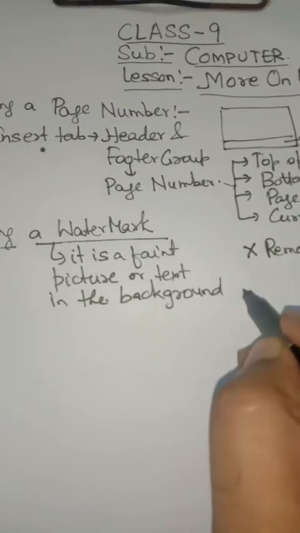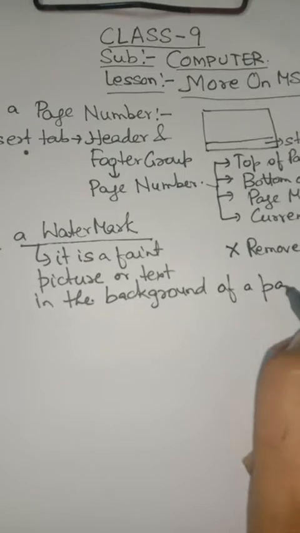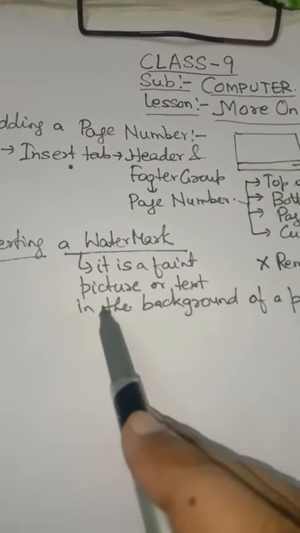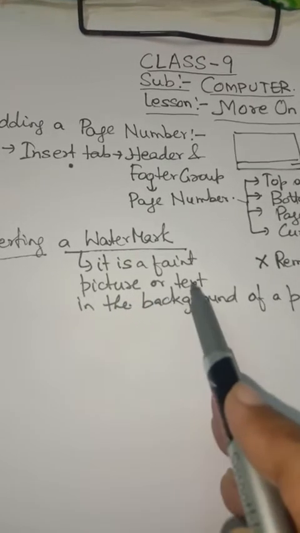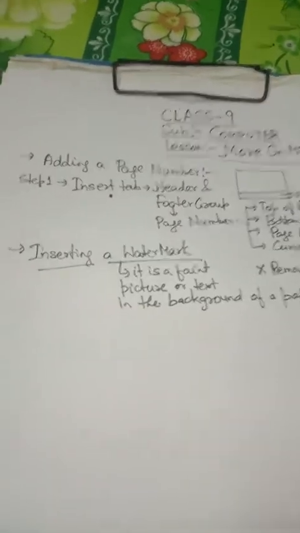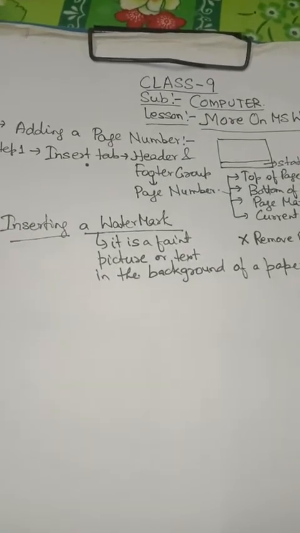It can be a picture or a text that we have inserted that appears in the background of a paper. So this is known as the watermark.